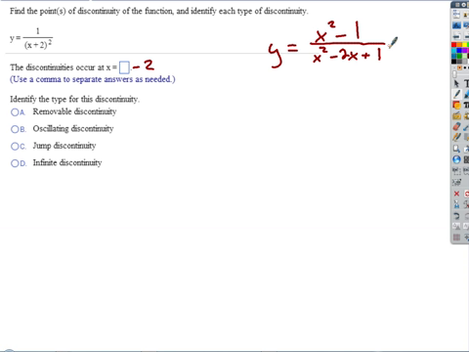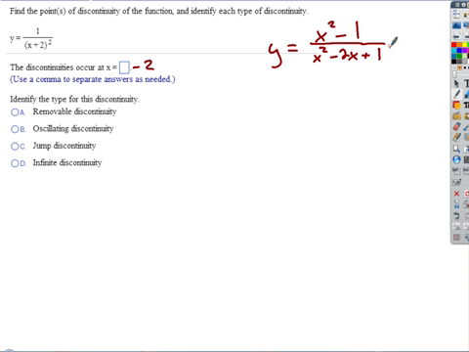Where would the zeros at the bottom be now? -1. Okay. Where are the zeros at the top? -1 and +1. Cancel.